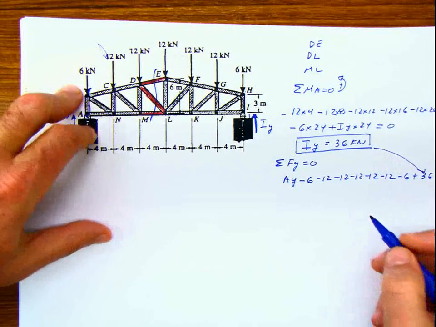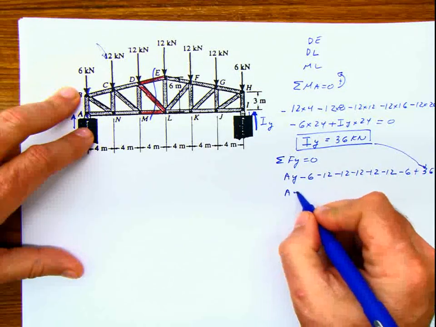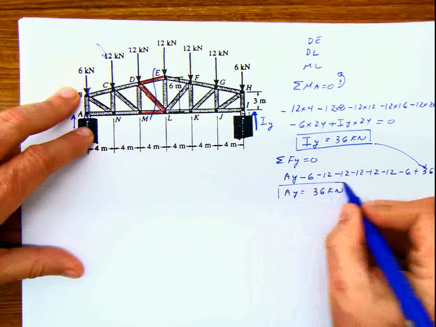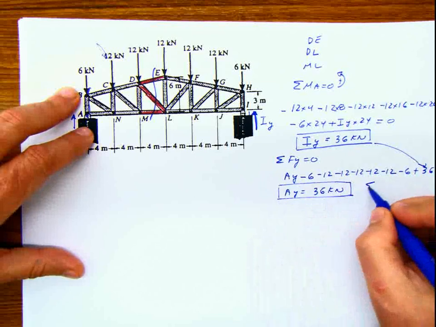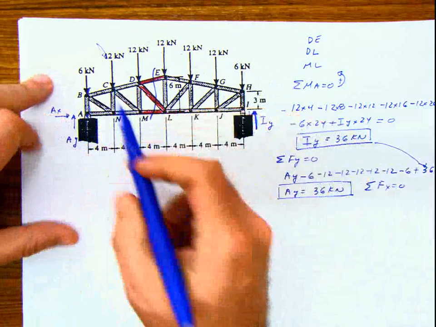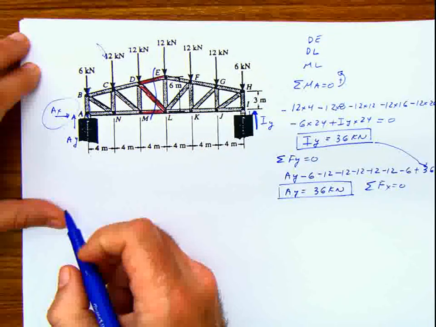So then AY is going to be also 36 kilonewtons. And I can do also summation of forces in X equals 0. I don't have any force in X, meaning this reaction is going to be 0.